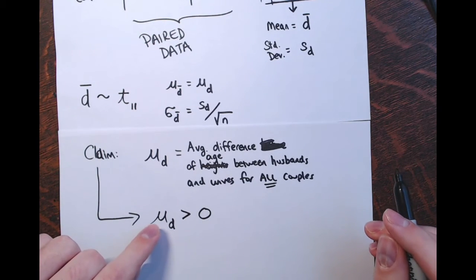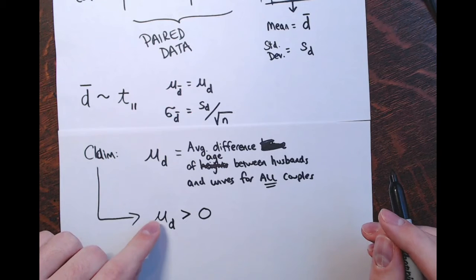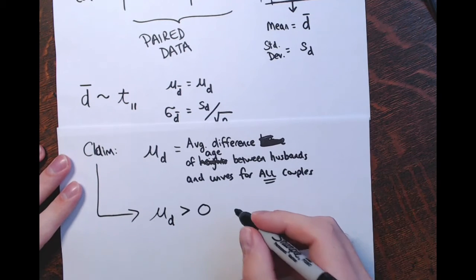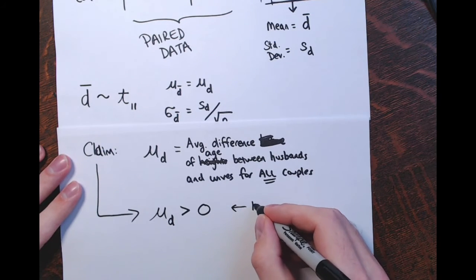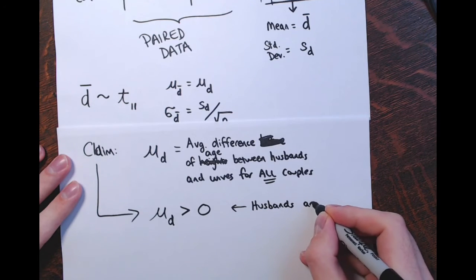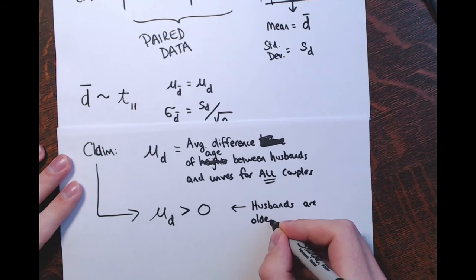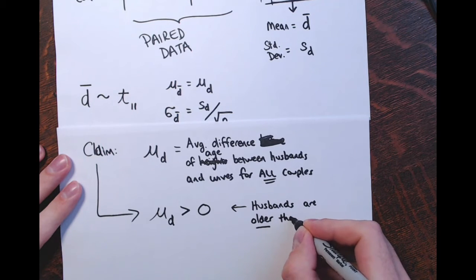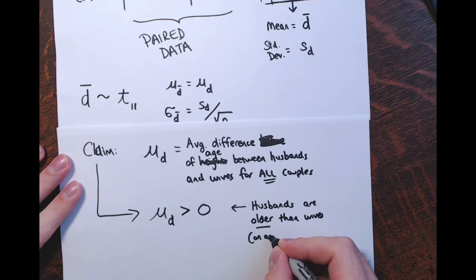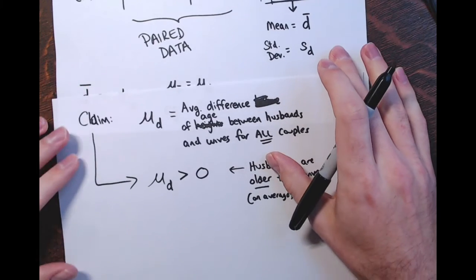Is on average, for all couples, the husband's age greater than the wife's age on average? So this is basically saying husbands are older than wives on average. Okay. Now, that's what's being tested.